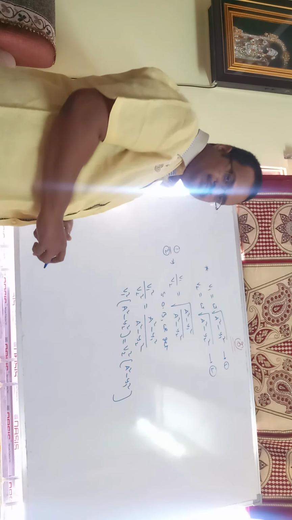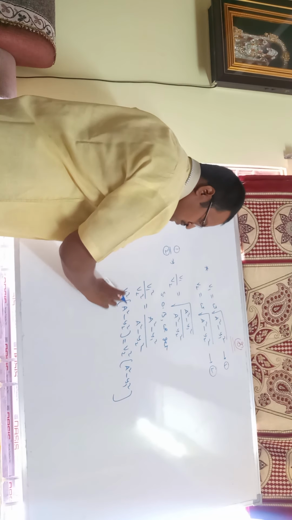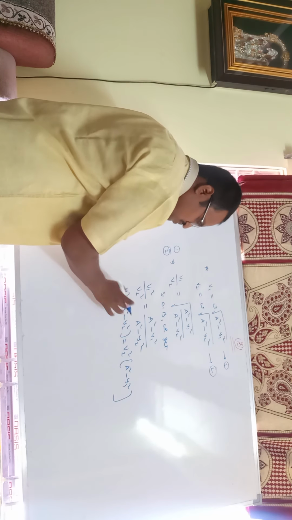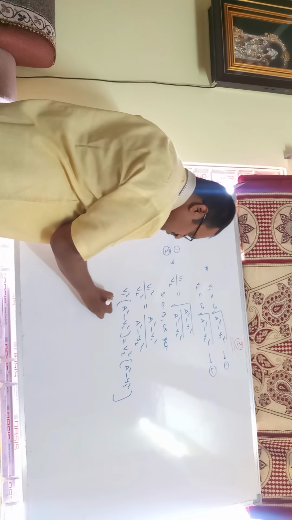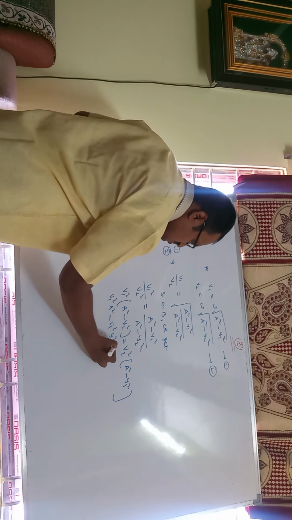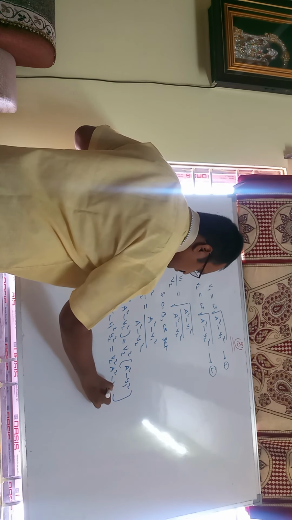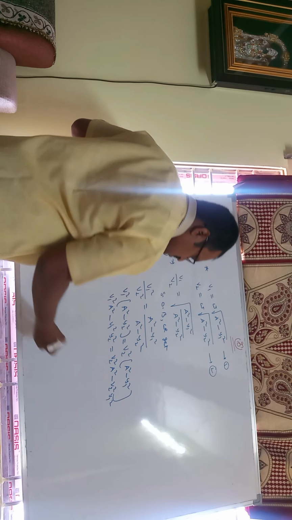So you can multiply a square minus y2 square with the v1 square. So we will get v1 square into a square minus v1 square into y2 square equal to v2 square into a square minus v2 square into y1 square.